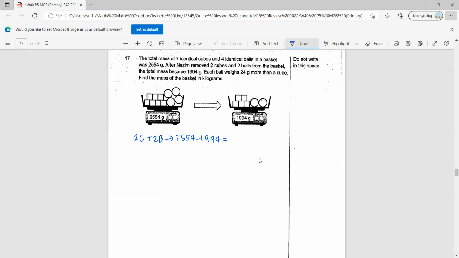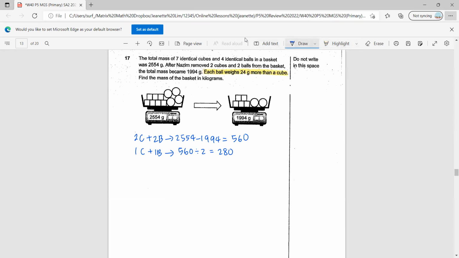Paper 2, can use calculator, okay? So this is 560. Then the next thing I want to find is 1 cube and 1 ball. So I take 560 divide by 2. I get 280.